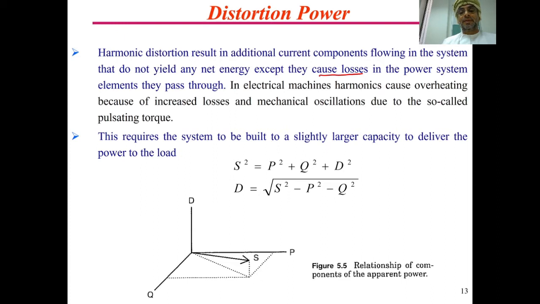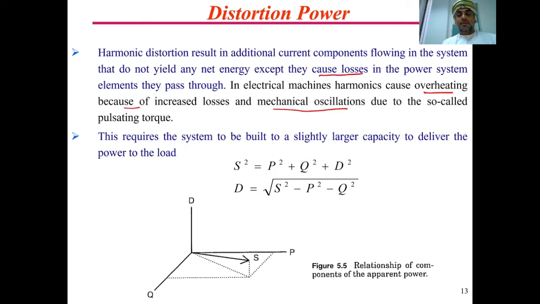For example, an electrical machine that takes those harmonics will overheat, and it will also cause mechanical oscillation due to pulsating torque, because the torque will not be smooth.